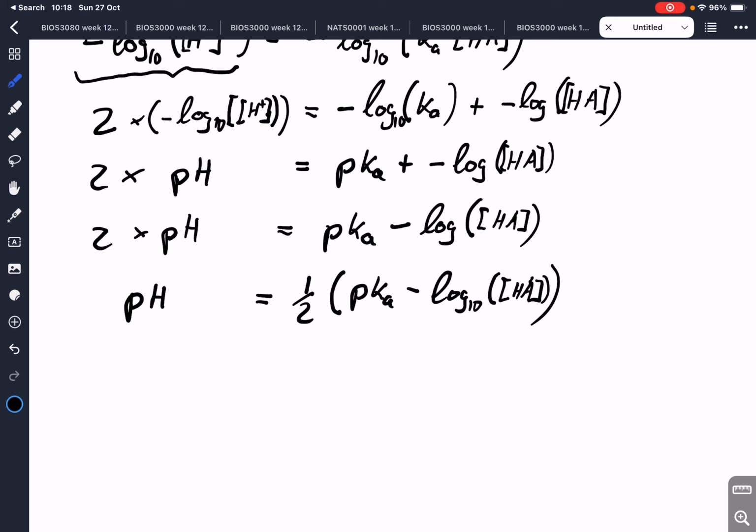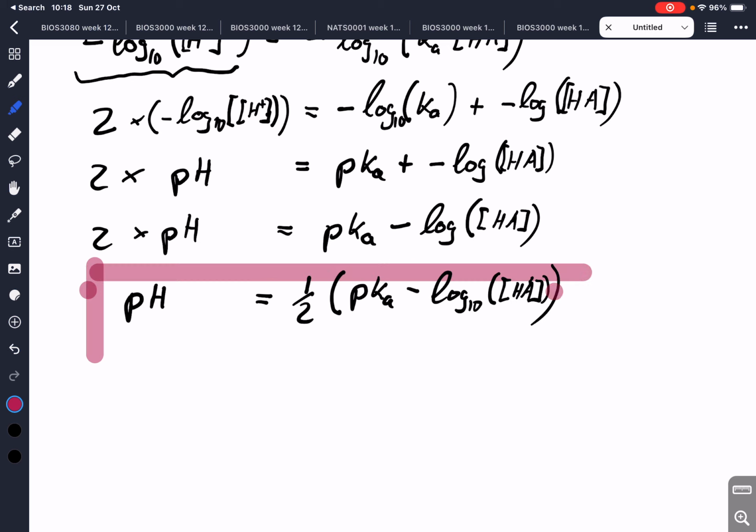And that is a really nice equation that we can use whenever we want to calculate the pH of a weak acid.